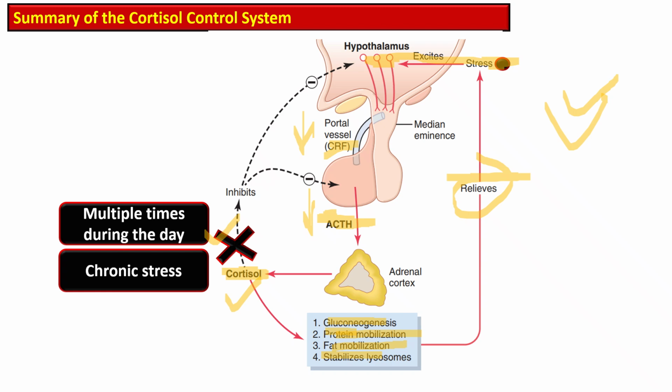There is also a daily rhythm of the secretion of these hormones that is called circadian influence. Even without stress, cortisol is secreted in a diurnal pattern with peaks and troughs.